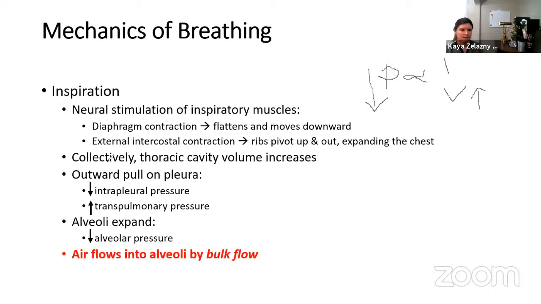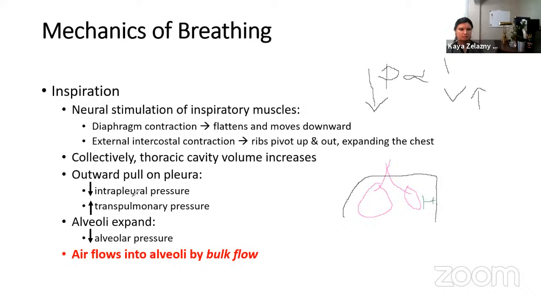As that's happening, we also are having an outward pull on the pleura. If we're looking at the intrapleural space between the lungs and the chest wall, so let's have our lungs. I'm not going to draw the tubes that well right now. Here we have our lungs, here we have our chest wall, and we've got the space between. That intrapleural pressure, we remember, is the pressure in this space.